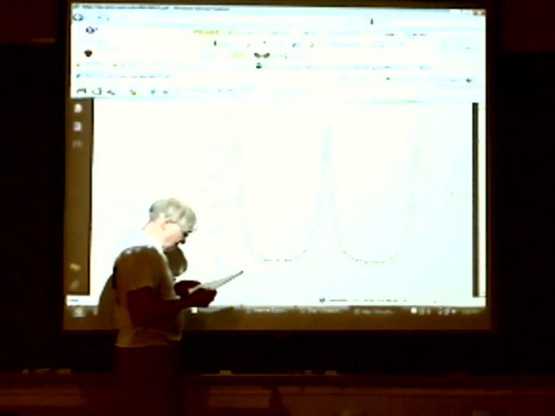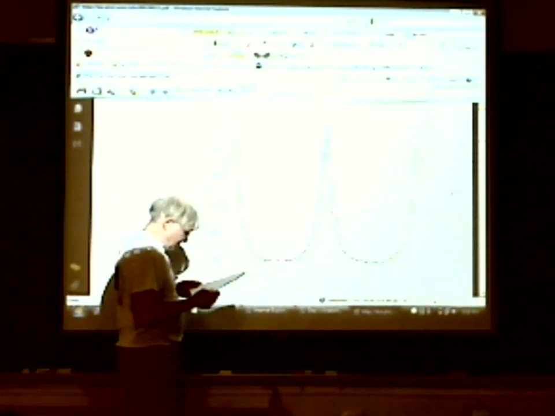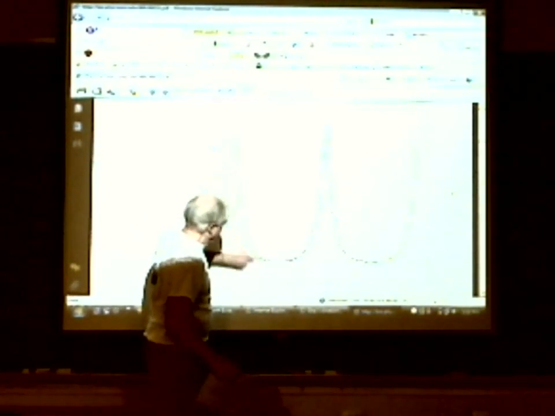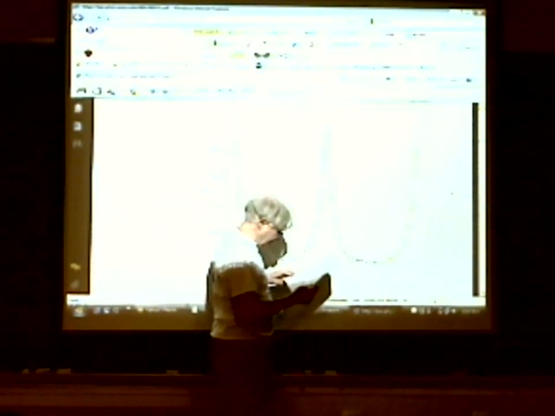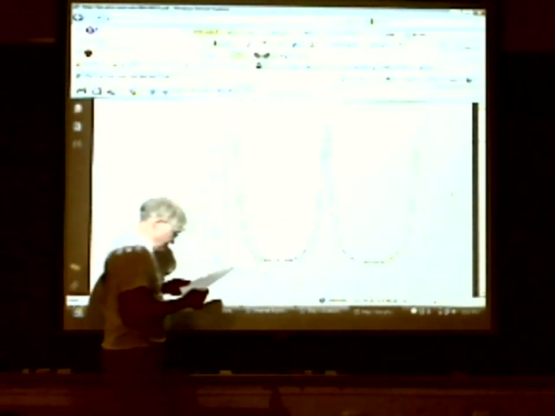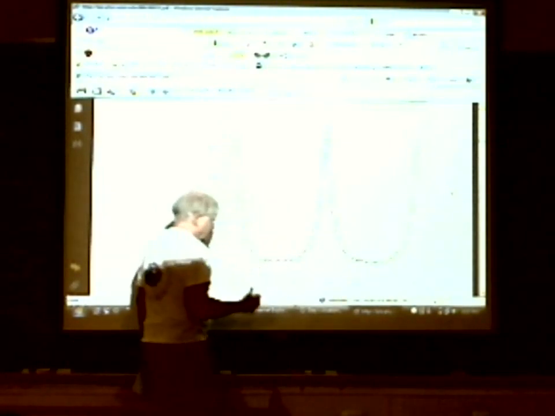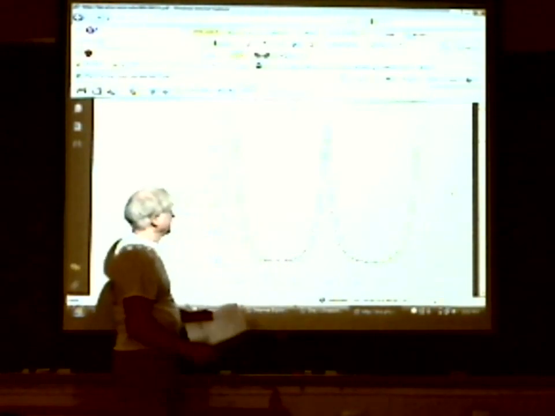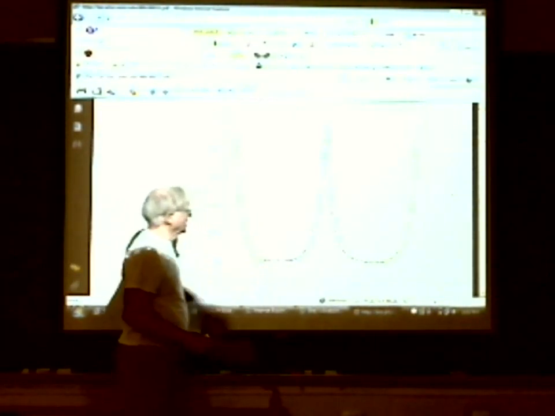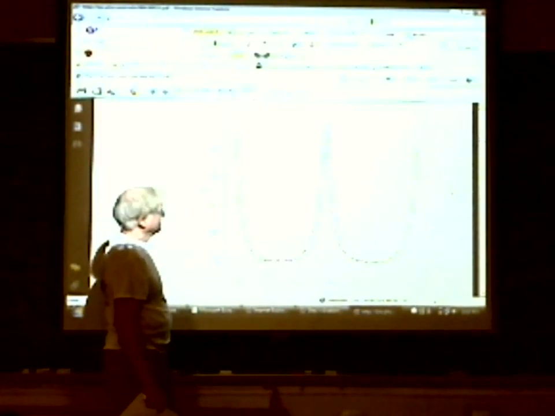But with 10 terms, it does pretty well. With 100 terms, you have the green curve, which is really very close. And in fact, with 100 terms, in the interval between minus pi and pi, the 100 term curve is very close to the exact result, which is this blue dotted curve.